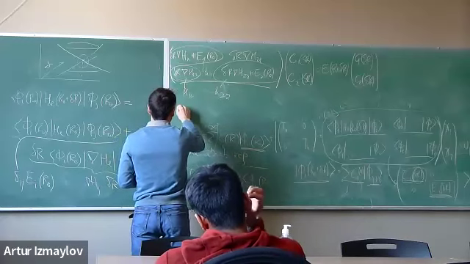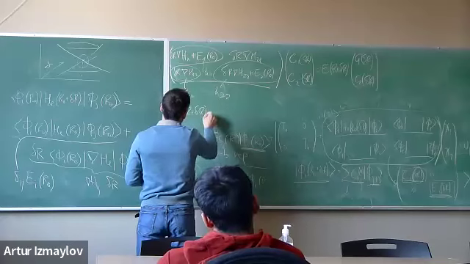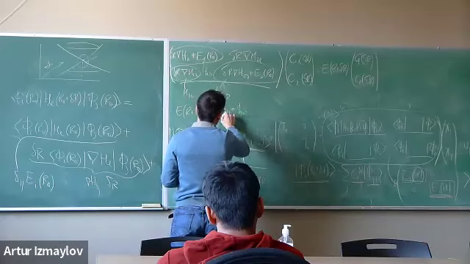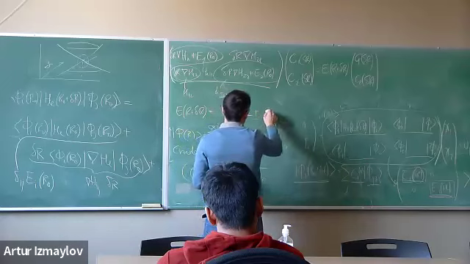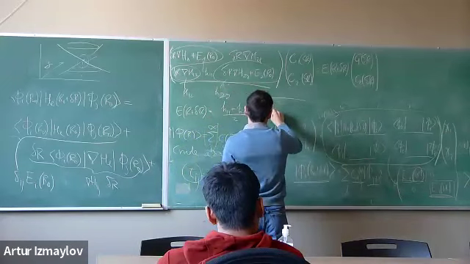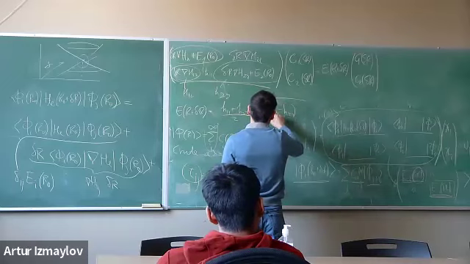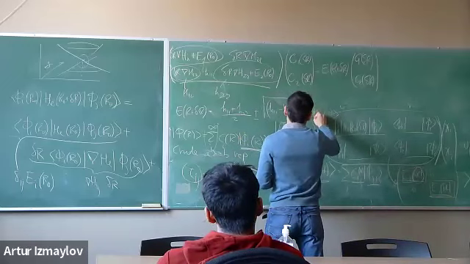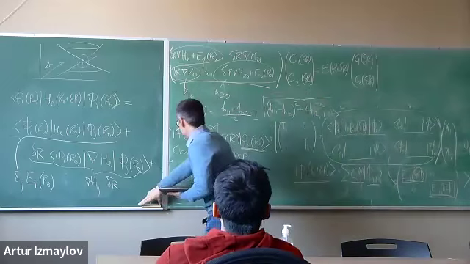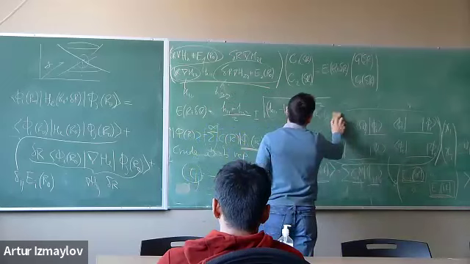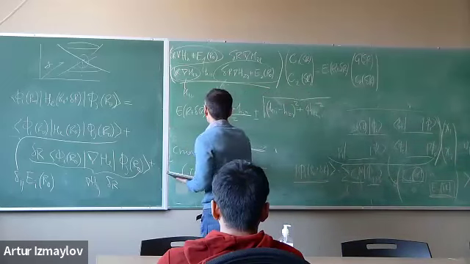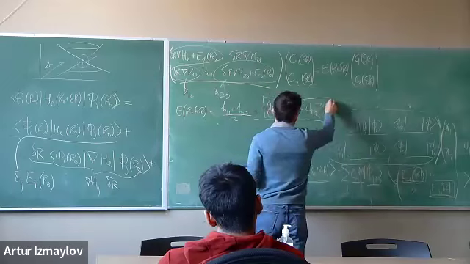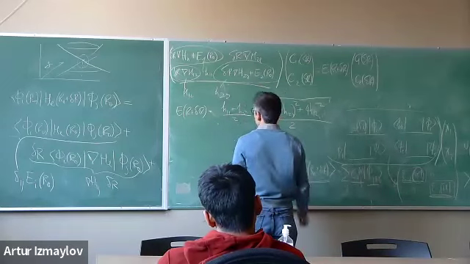So then E at R plus delta R equals h11 plus h22 divided by 2, plus or minus the root of h11 minus h22 squared plus 4 h12 squared, divided by 2.